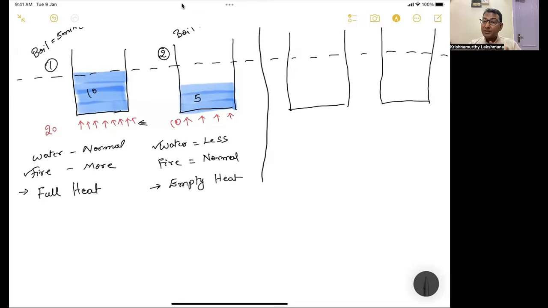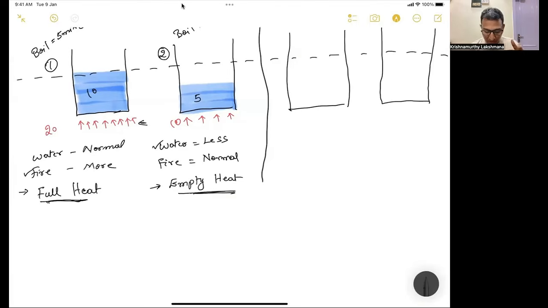These two are different situations, but the result is the same. The water is boiling fast, but because of two different reasons. Here the reason is the fire is more, and we call this full heat. In the second situation, water is less, and we call this empty heat.